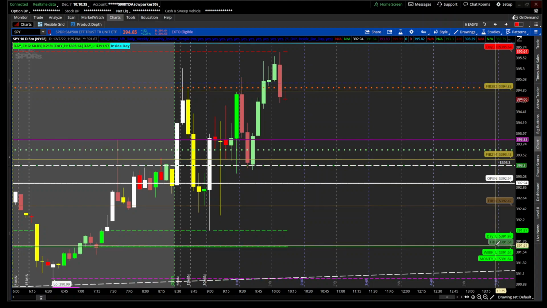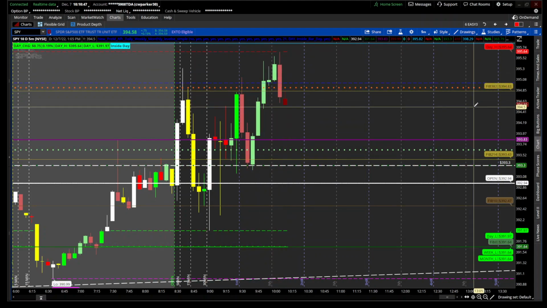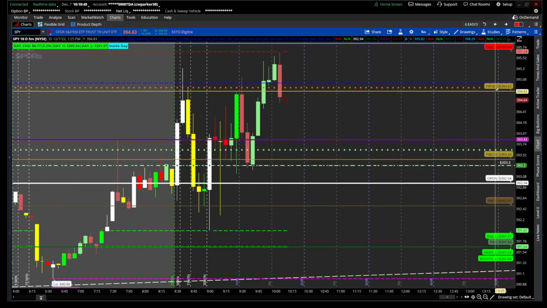You can see all that, and here's your Fibonacci 0 at 391.64. But you can see how price is getting rejected at this point right here. This is your day high. This is your 38.2 fib.